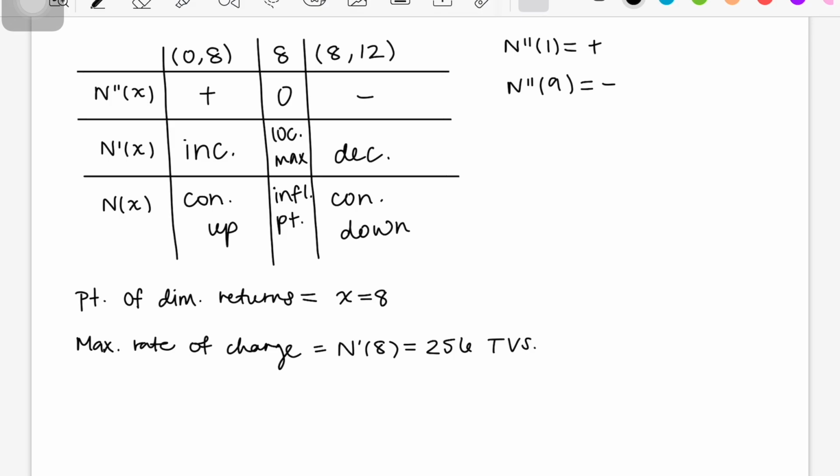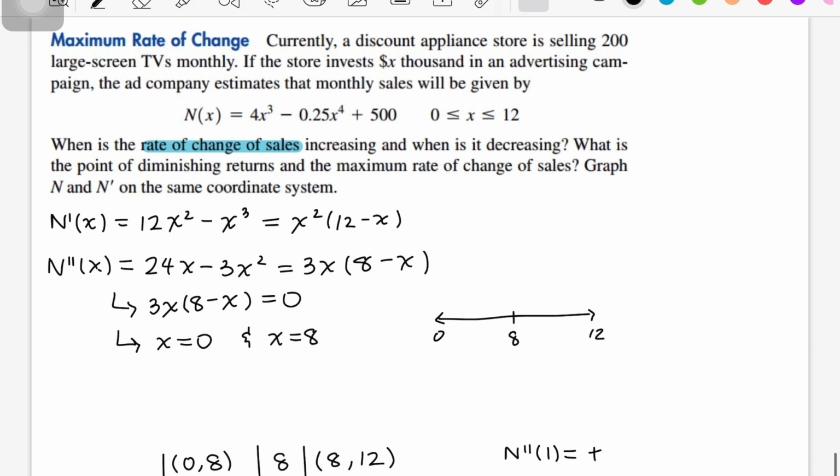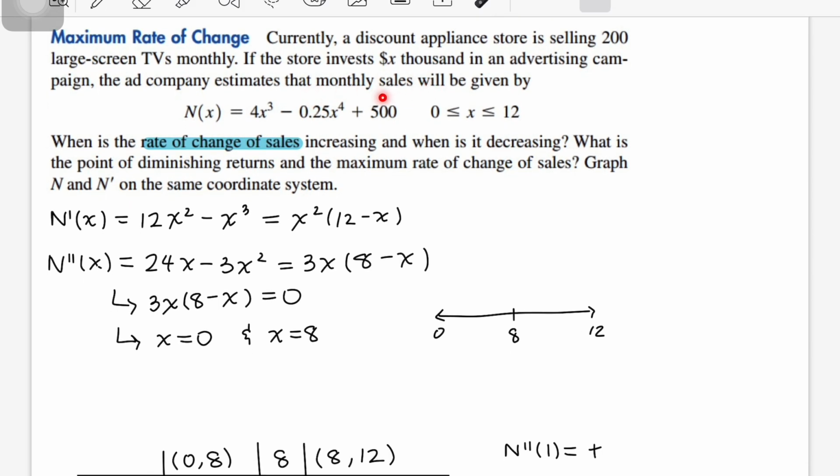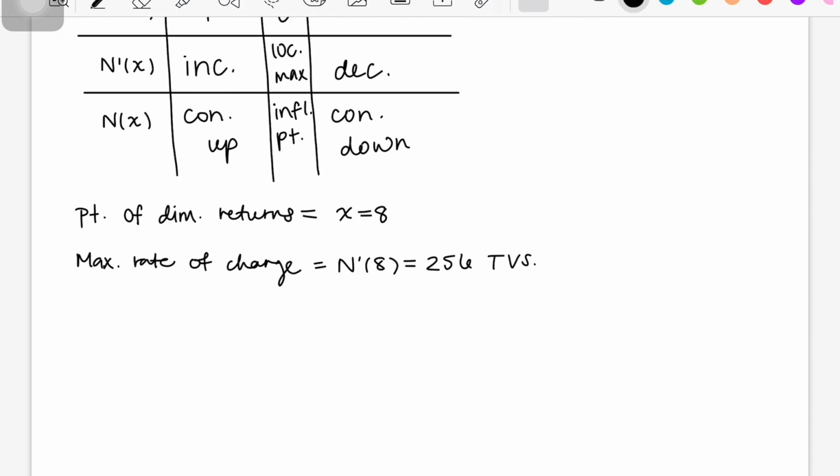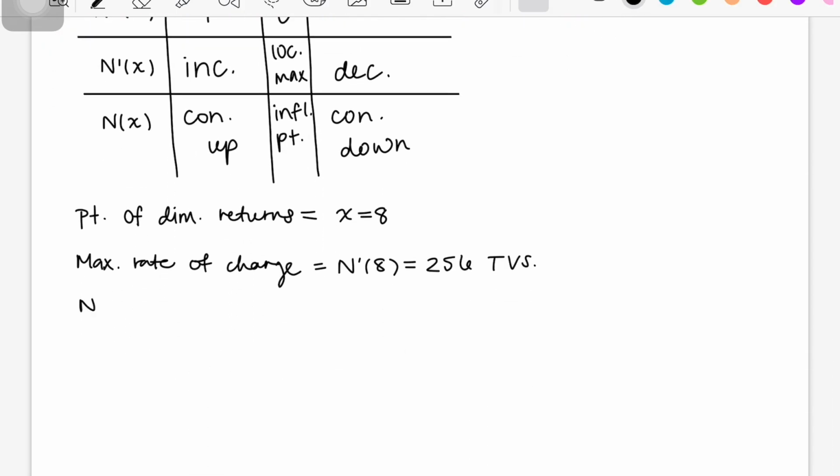Additionally, we know that when x is equal to 8, our monthly sales is going to be given by this function here. So plugging 8 into our equation, we get 1,524 TVs.